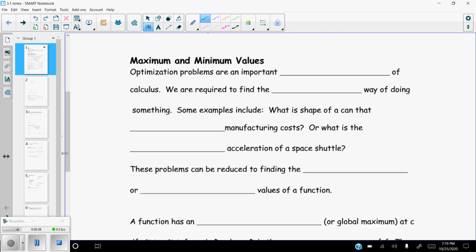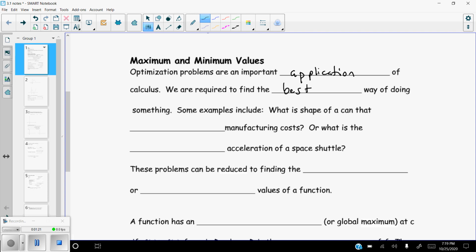So optimization, meaning to optimize something, problems are an important application of calculus. We're going to be required to find the best way of doing something, finding the optimal way of doing something, optimizing.